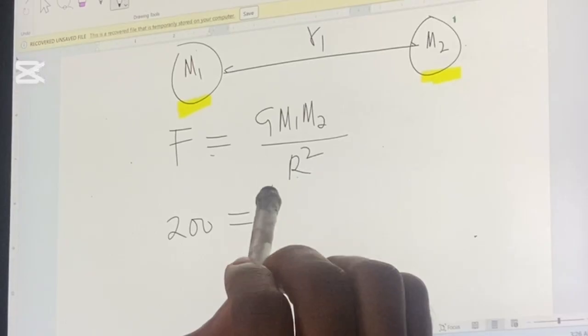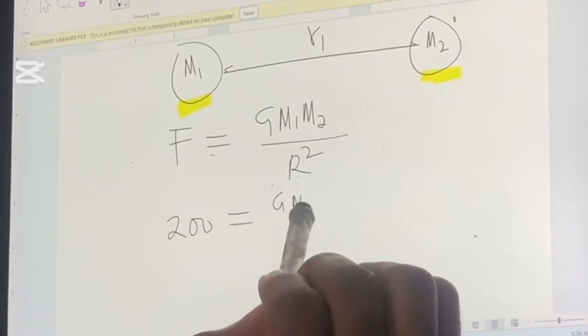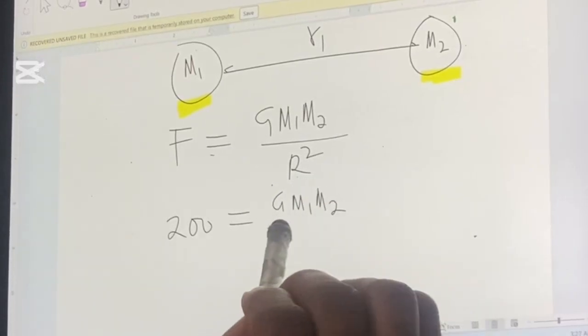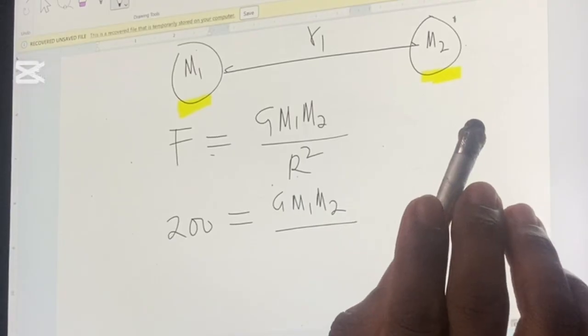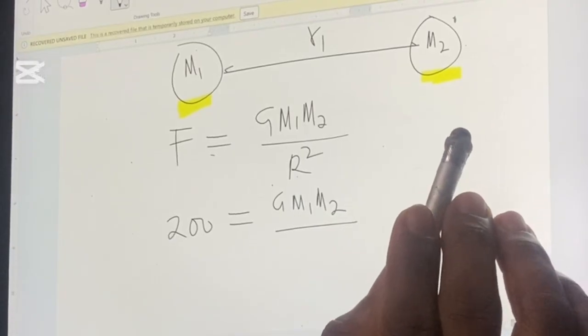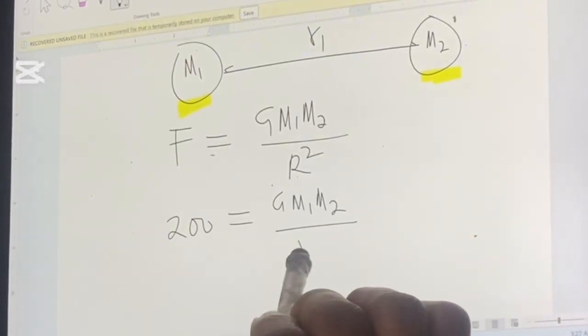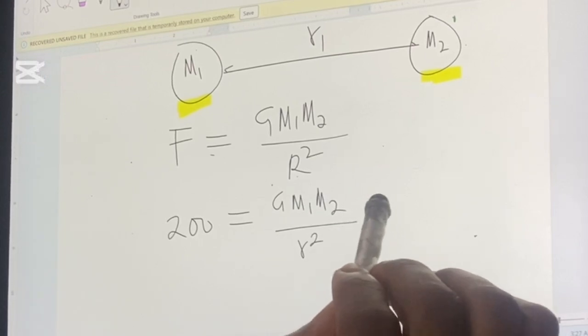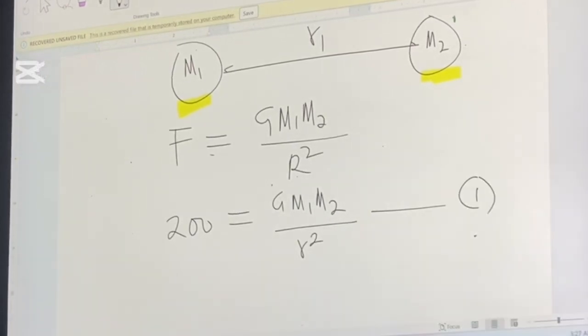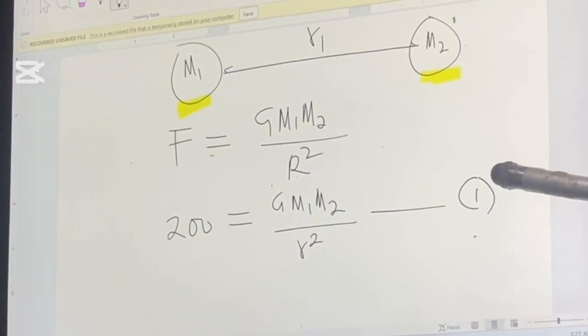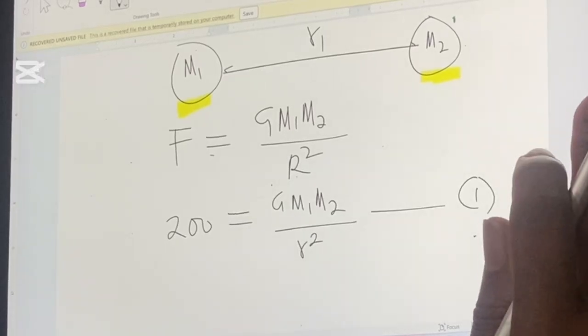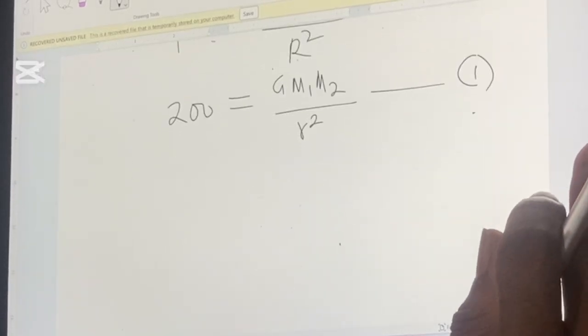That is, this will be G m1 m2 over the distance, a certain distance, we can say r squared. That is from the first statement. Now the second statement, they said the value of the force when the distance is halved. So I want to find the value of the force when the distance is halved.